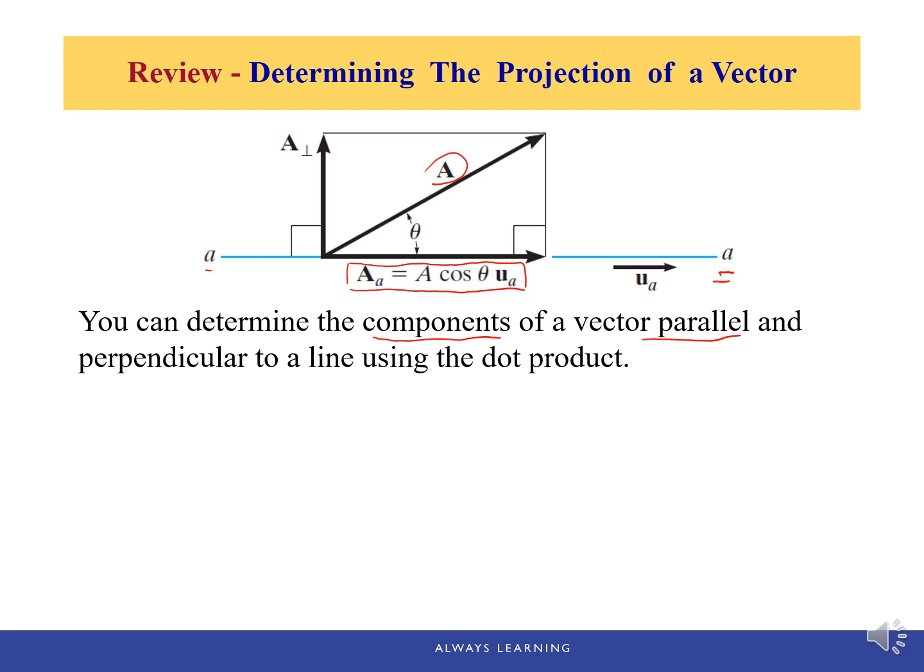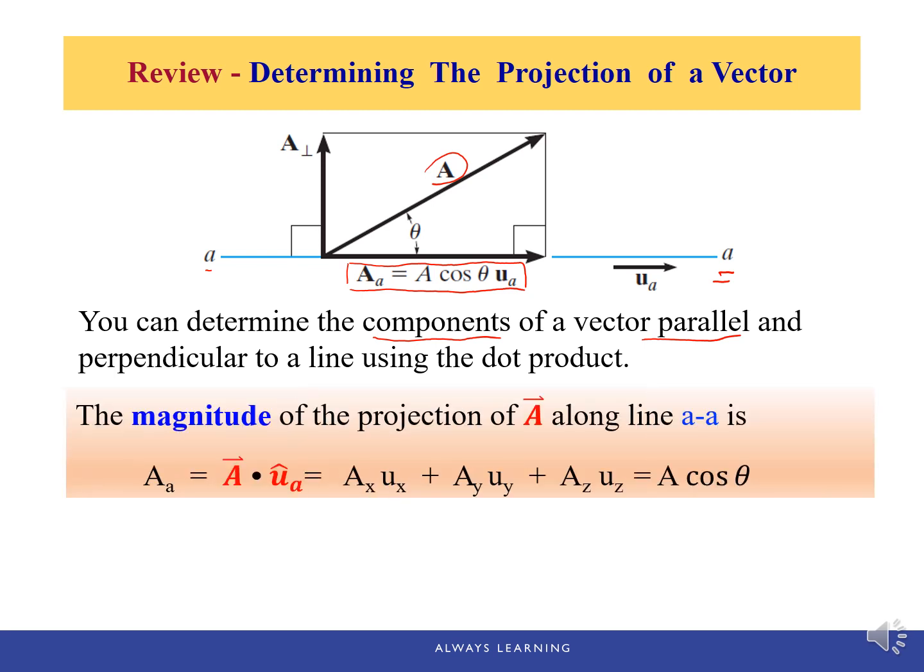So we can use the dot product. The vector A dot the unit vector ua, where the unit vector ua indicates the direction of this line aa. This dot product gives us the magnitude of the projection of vector A along the given axis aa.